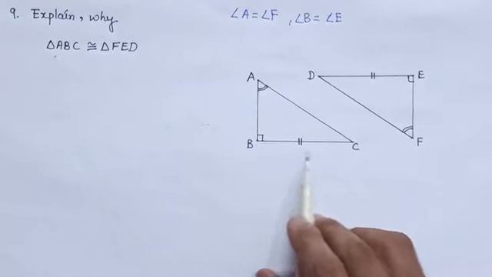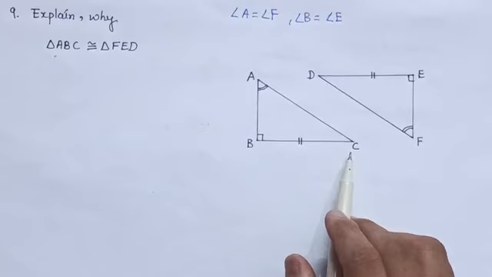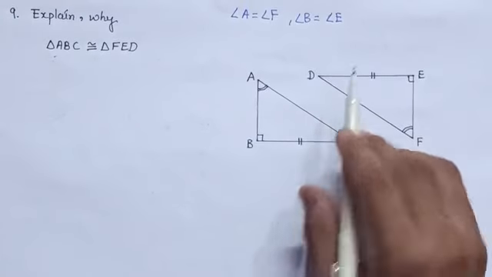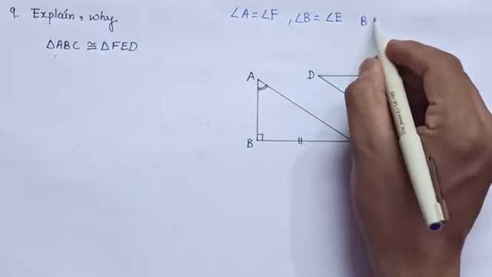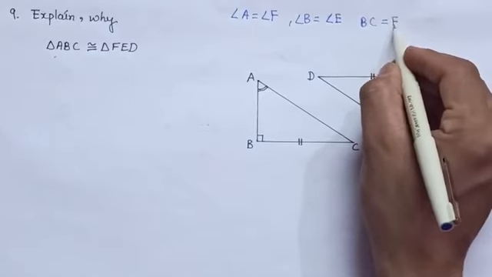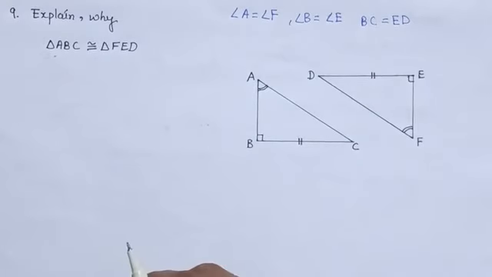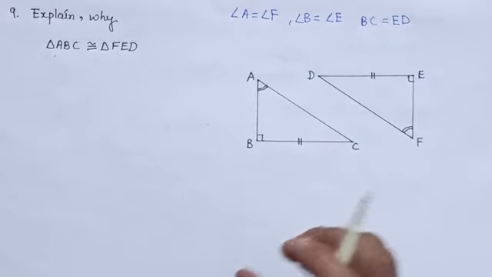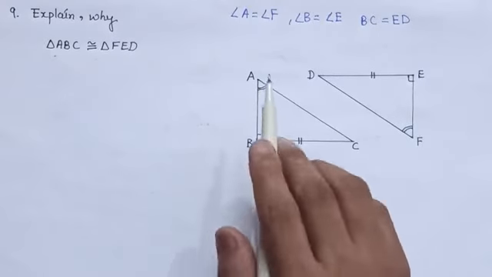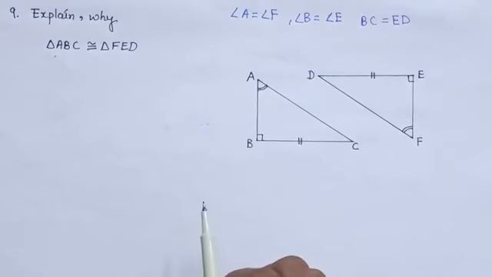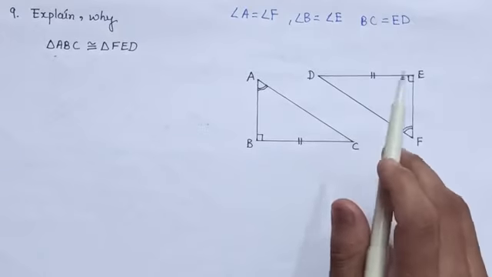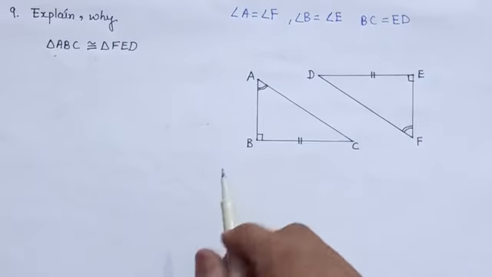And the side BC is equal to the side ED. It means in these two triangles we are given two corresponding angles equal and one corresponding side equal.